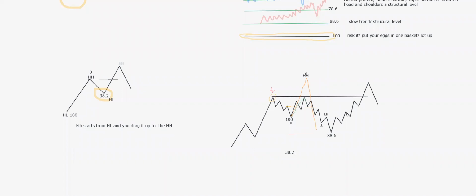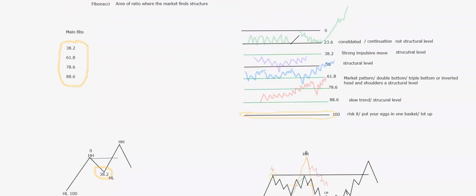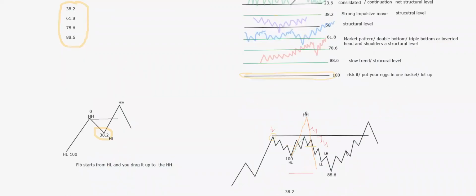And we'll just be doing the same thing over and over again, tracking the next structural area, tracking the next swing low. So it's all repositioning. Once you create a new high, you reposition the last high low as your 100% and the new high as your 0%. And your goal is to track the next structural level.